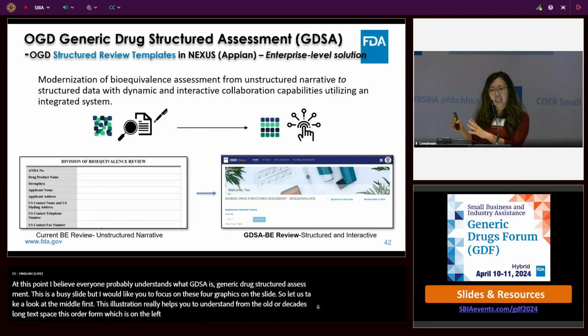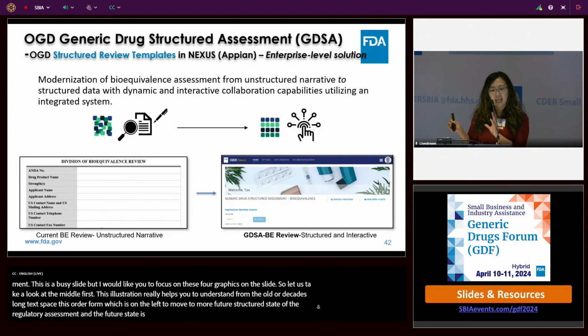This future state is much more ordered, much more structured, and has dynamic interactive capabilities with all the different resources. I'll explain that in a little more detail in the next slide.